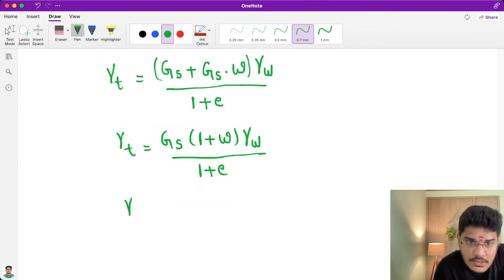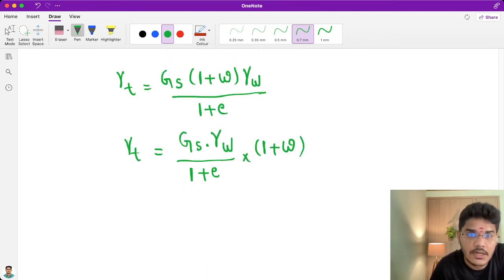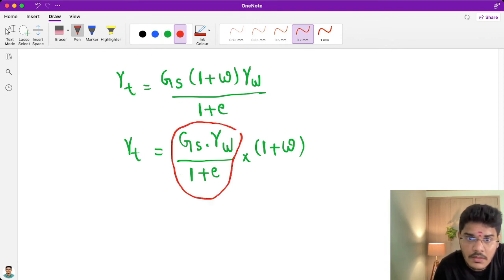So gamma T is equal to Gs into gamma w by (1 plus e) into (1 plus water content). Again, this will be equal to gamma d.